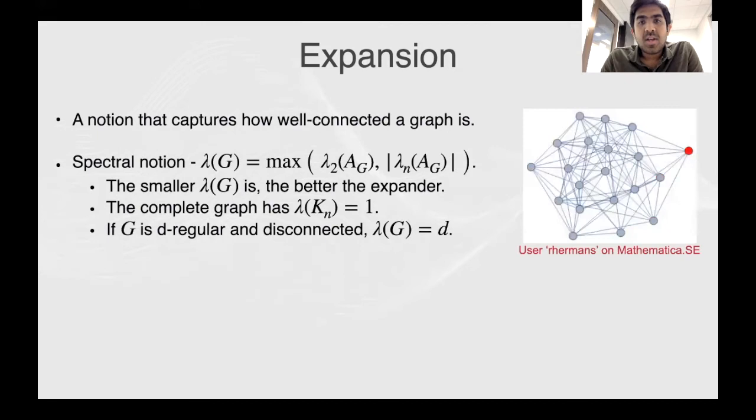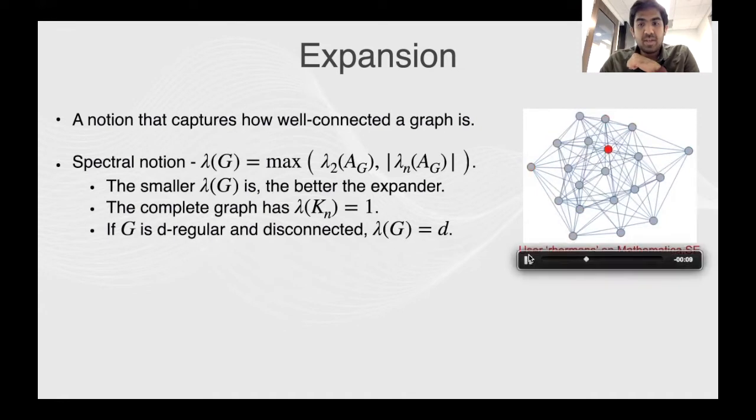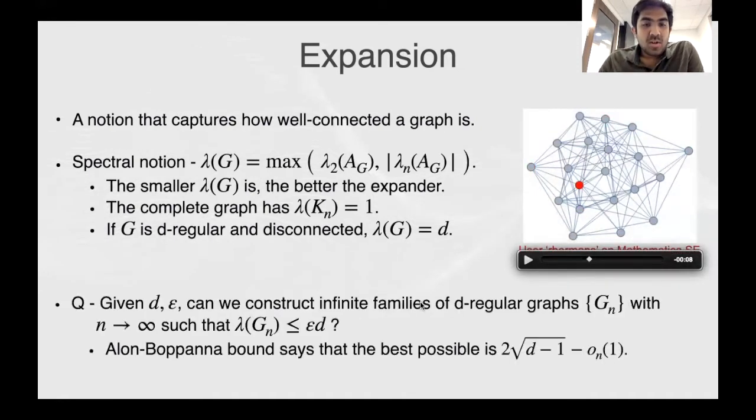Now this captures the notion of random walks and how quickly random walks mix. This image illustrates a simulation of a random walk, and in a dense, well-connected graph, random walks should mix pretty quickly. So given d and epsilon, can you construct infinite families of d-regular graphs G_n?